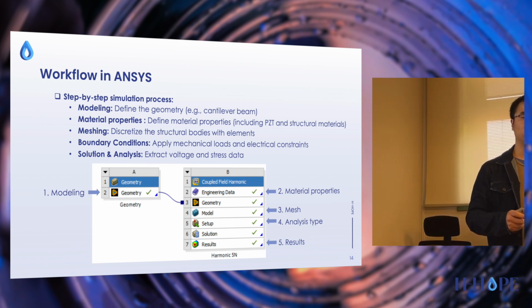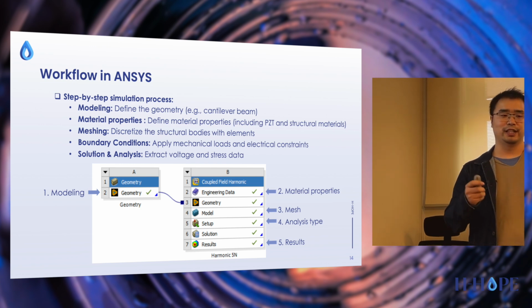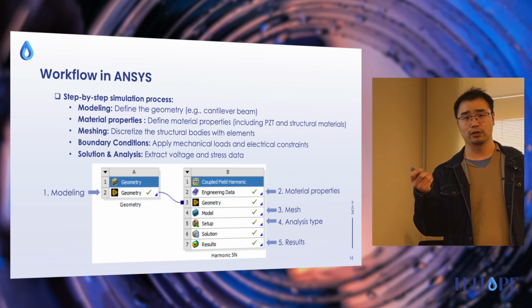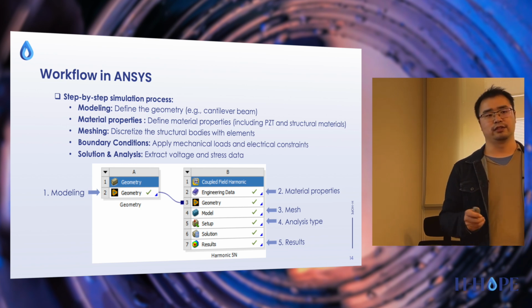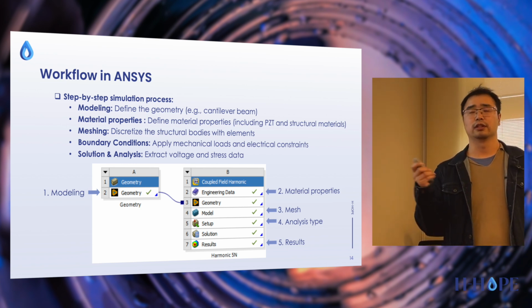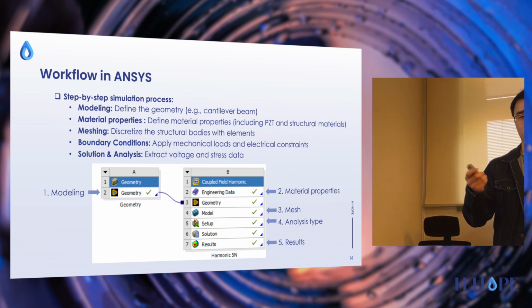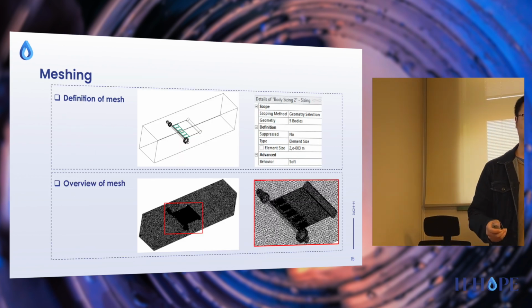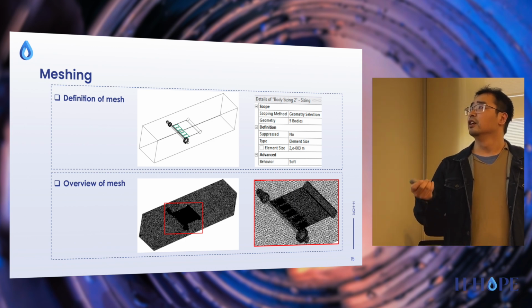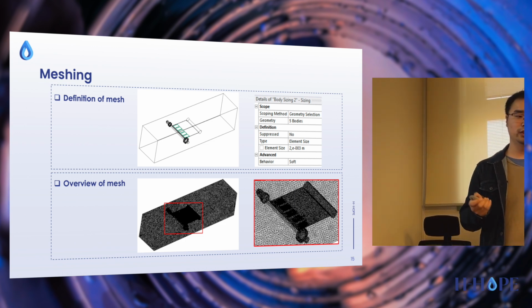From the results, you can estimate the voltage from the piezoelectric patches and also the strain and stress of the structure bodies. Here, this is the geometry we are using.